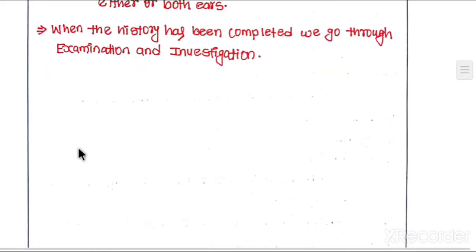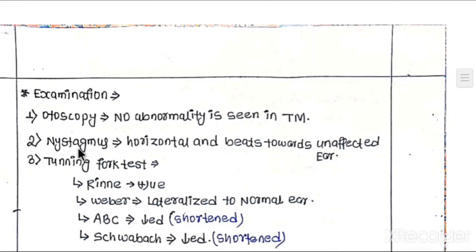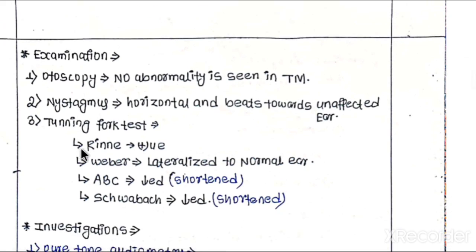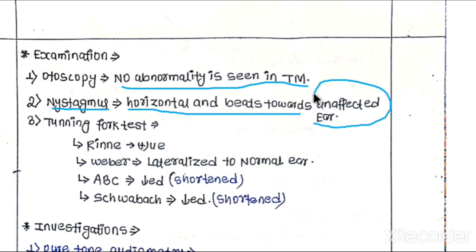Let's study the examination of Meniere's disease. On examination, first of all, on otoscopy, no abnormality is seen in the tympanic membrane. Nystagmus is generally horizontal and beats towards the unaffected ear, that is, the normal ear.